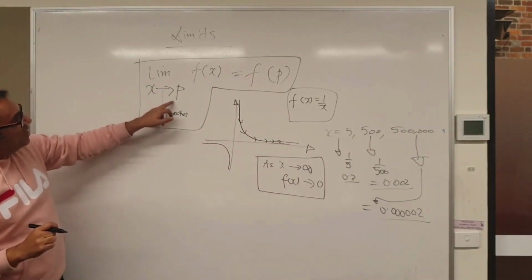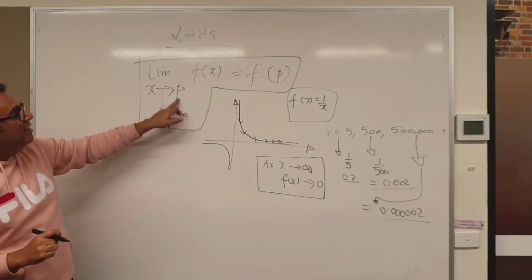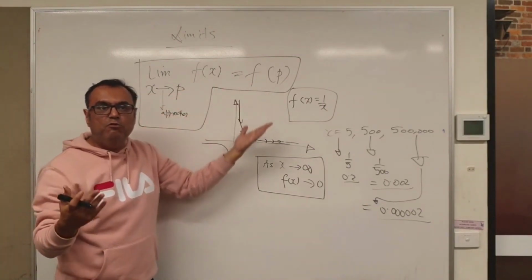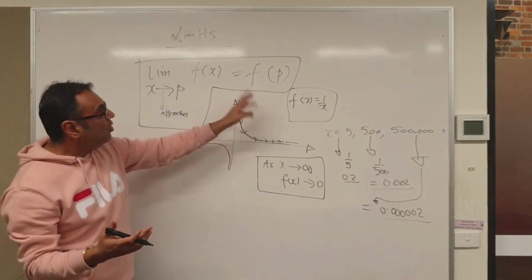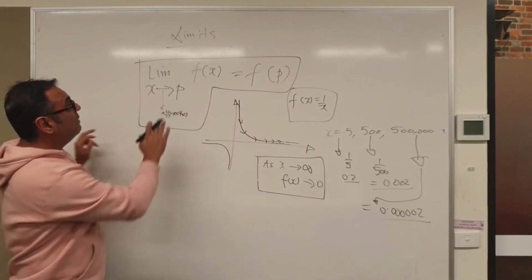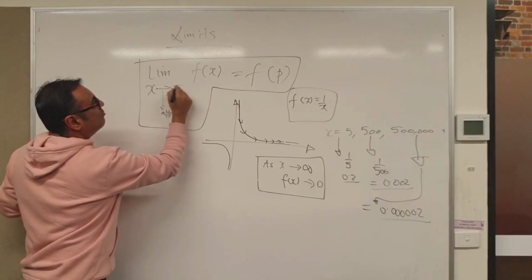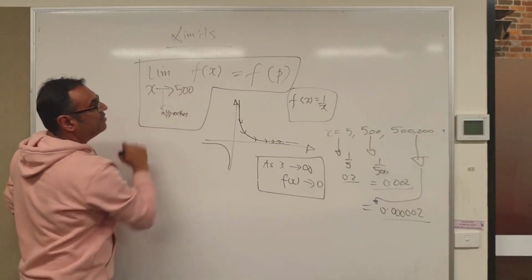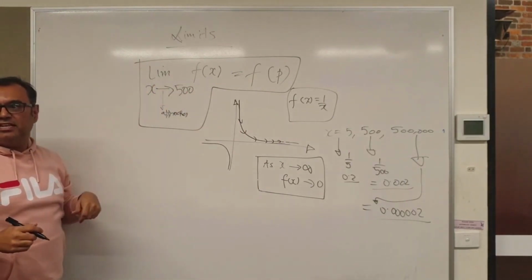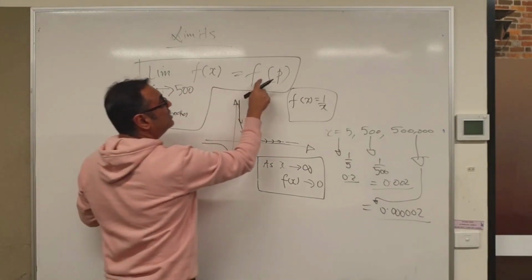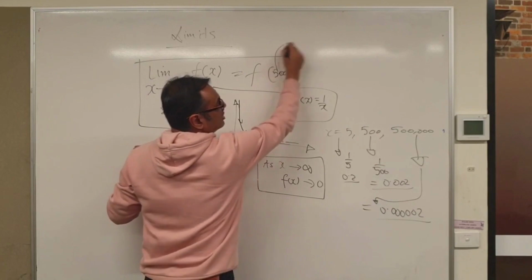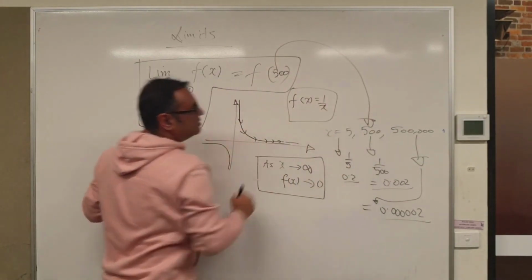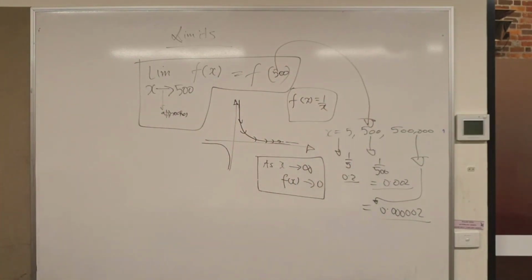What I'm doing is plugging this value into the function to find the value of y. So as x approaches 500, which is p in this case, f of x is f of 500, which is this value. This is what limit is all about. That's it, period.